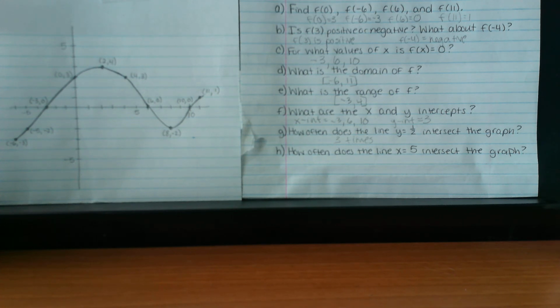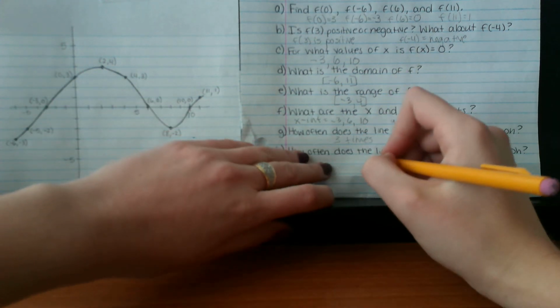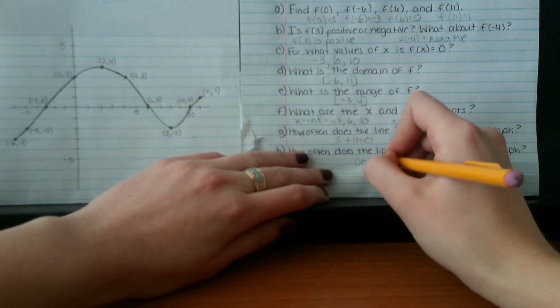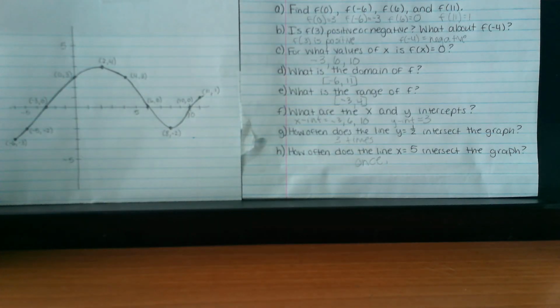So it's good news that the graph we've been working with is actually a function. So it crosses once. And that is how we determine things about functions from their graphs.